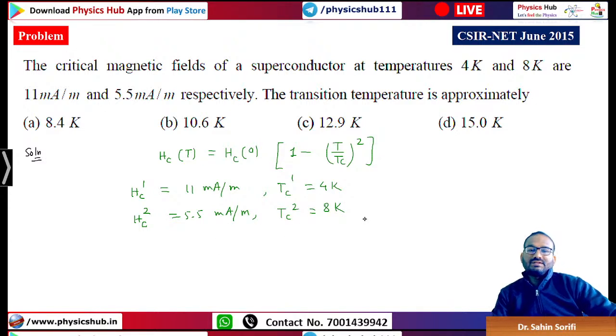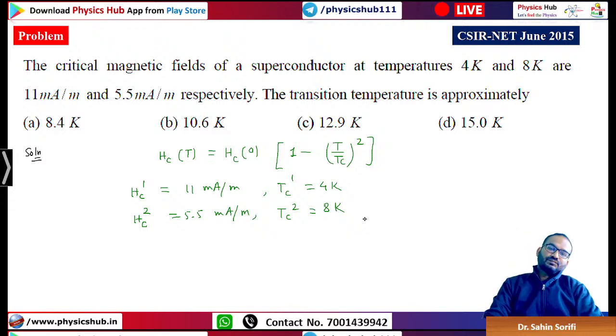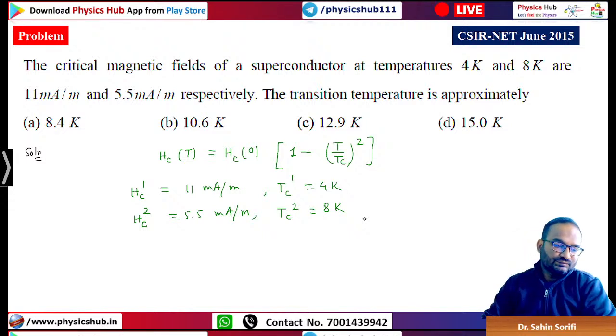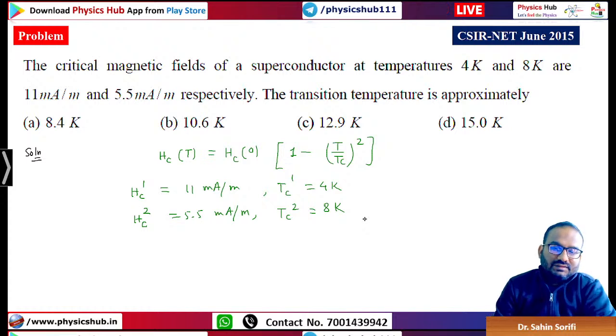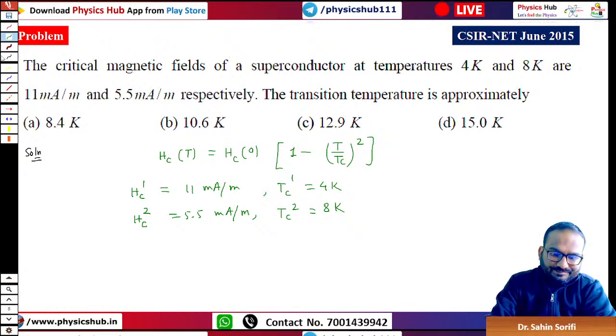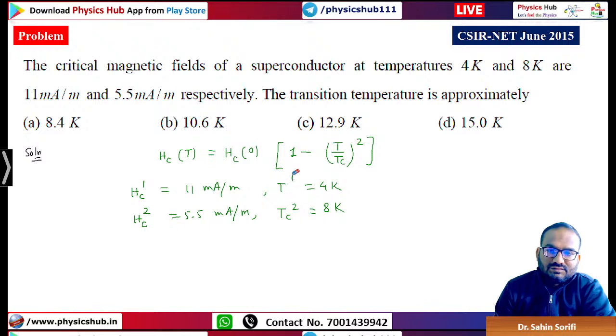So you have to find out the transition temperature. Sorry, this is not Tc, this is a temperature T. T1, T2. You have to find out.